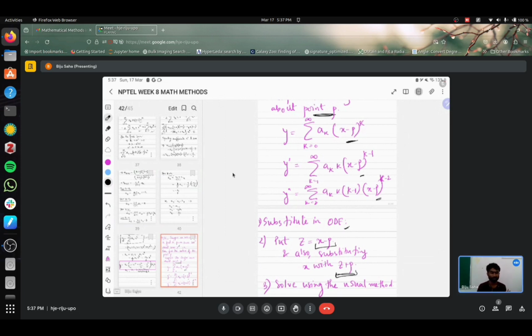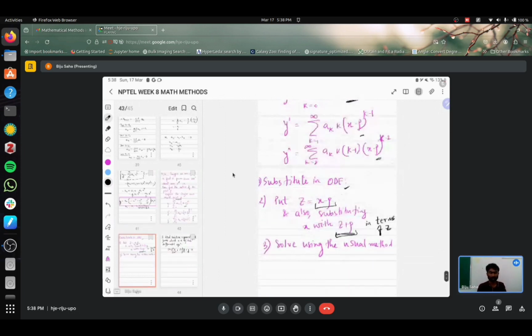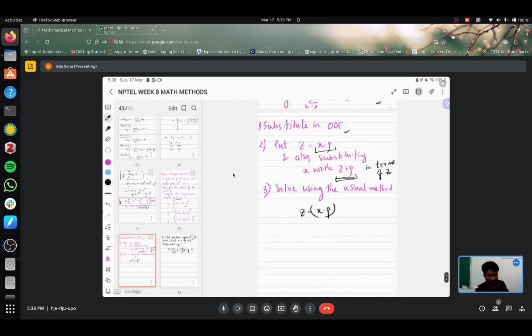Then my entire differential equation is in terms of z. Then I solve it by the usual method, and in the last step I write z equal to x minus p. Then I can obtain a solution which takes this form. This is about finding a solution about some non-zero point which is an ordinary point.